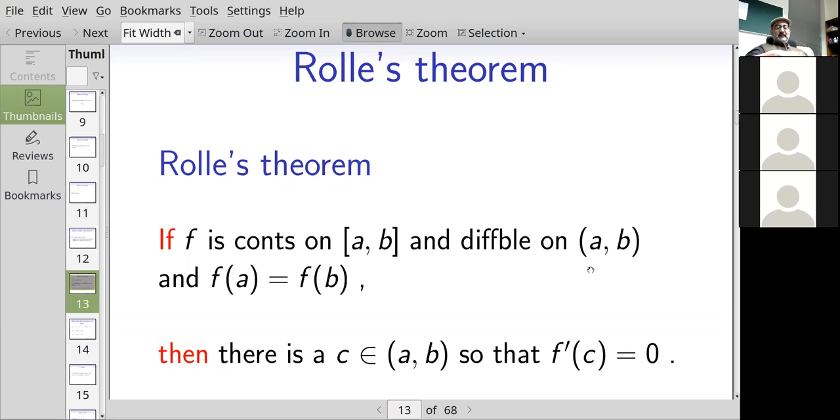And then there is some point between 0 and pi such that the derivative of sine is equal to 0. In this case, it's easy to work out that point is pi over 2. So the average rate of change of the sine function from 0 to pi is 0, and there's at least one point where the instantaneous rate of change of the sine function from 0 to pi is also 0.